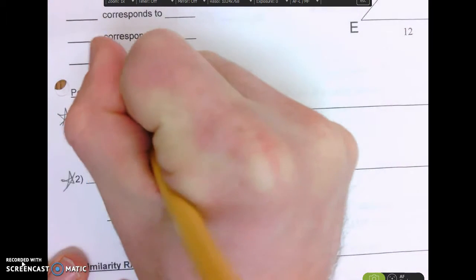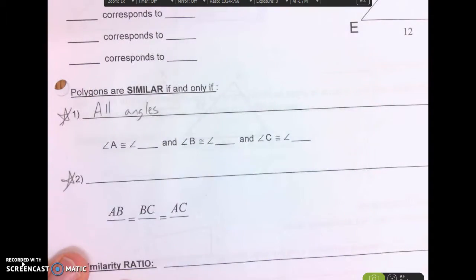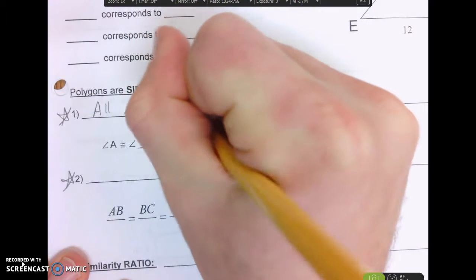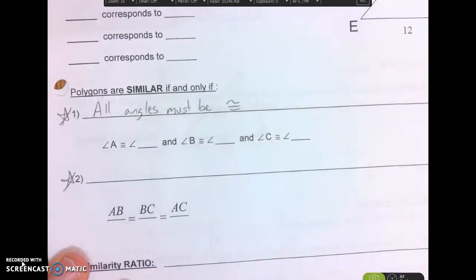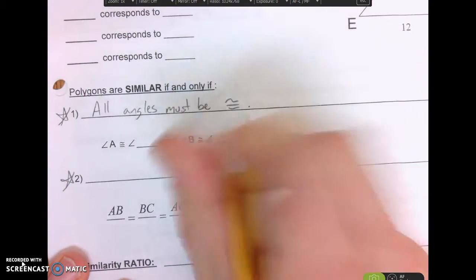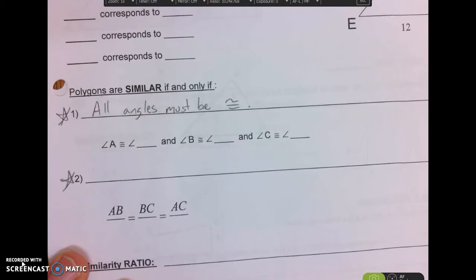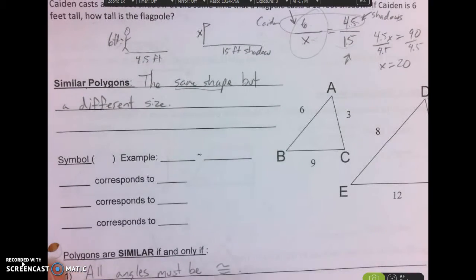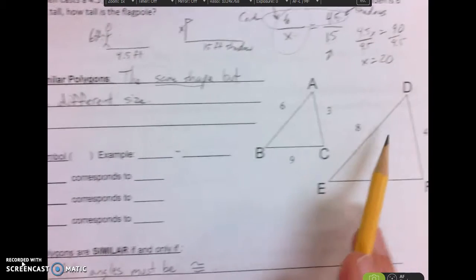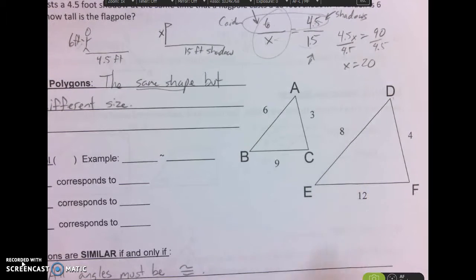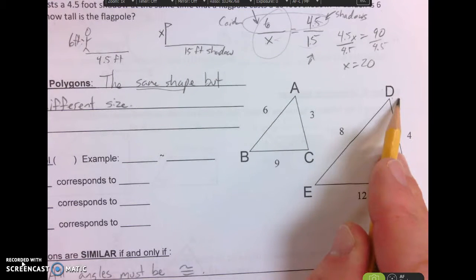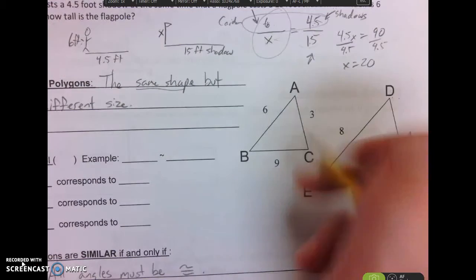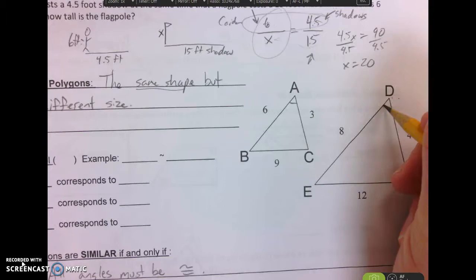The first one is all angles must be congruent. Okay, they must be congruent. If you want to write the word congruent there, that is fine. So if I look back at this, we're going to say these two are similar figures. So if they are similar figures, that means A corresponds with D. Okay, so A corresponds with D. They're in the same position.